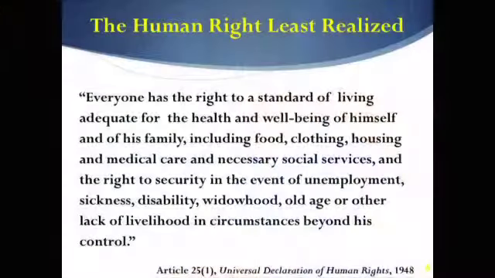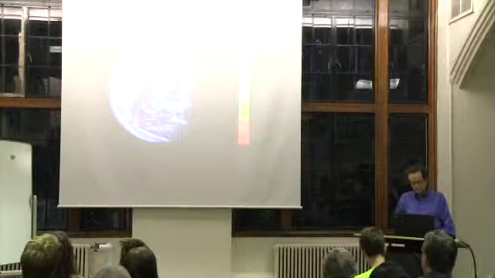We are all committed to everybody having a right to a standard of living adequate for the health and well-being of oneself and one's family, food, clothing, housing, and medical care, necessary social services. And you can see that for at least half the human population, this right is not fulfilled. So this is massively underfulfilled and certainly the most underfulfilled or least realized human right on the list.